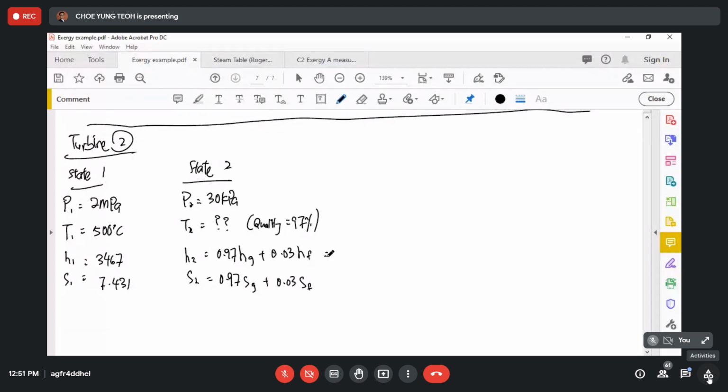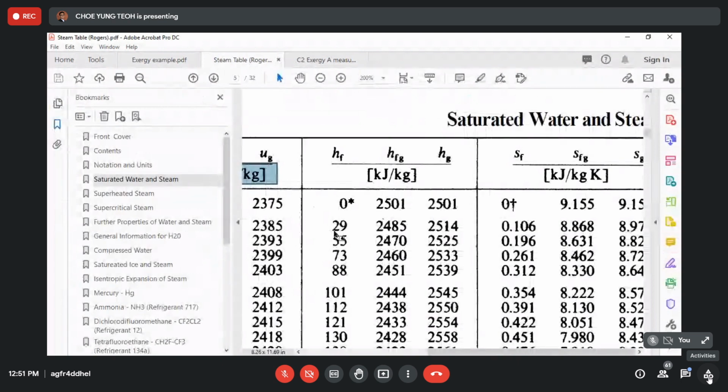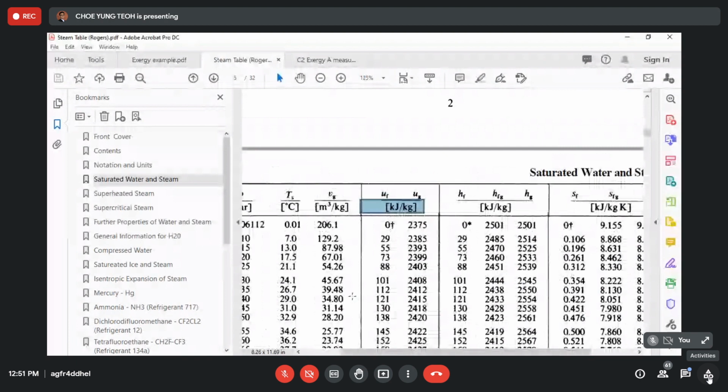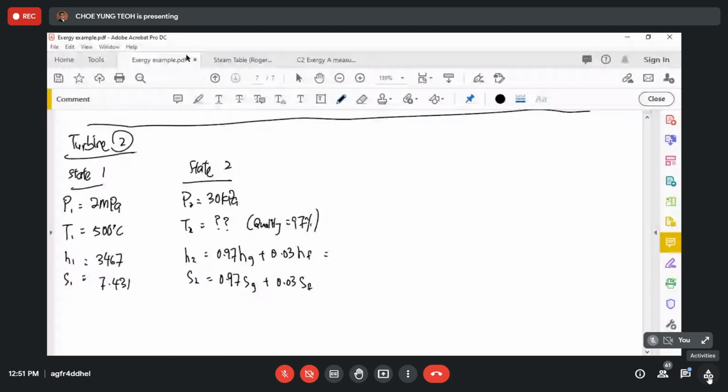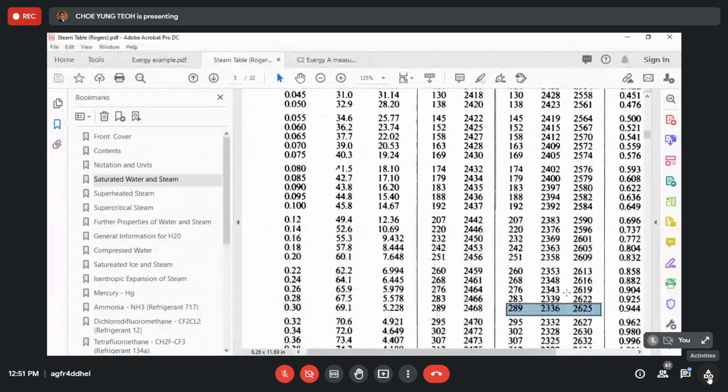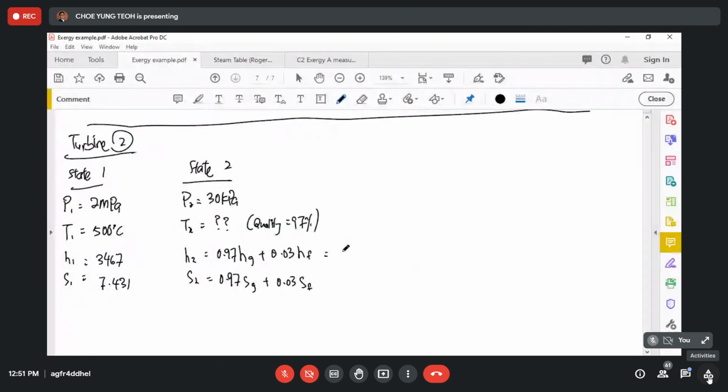So we find for h first. We take 2625 times 0.97 plus 289 times 0.03. I get 2554.92.